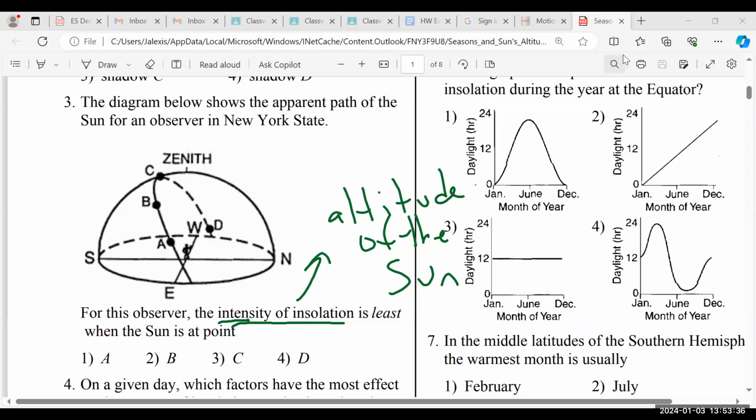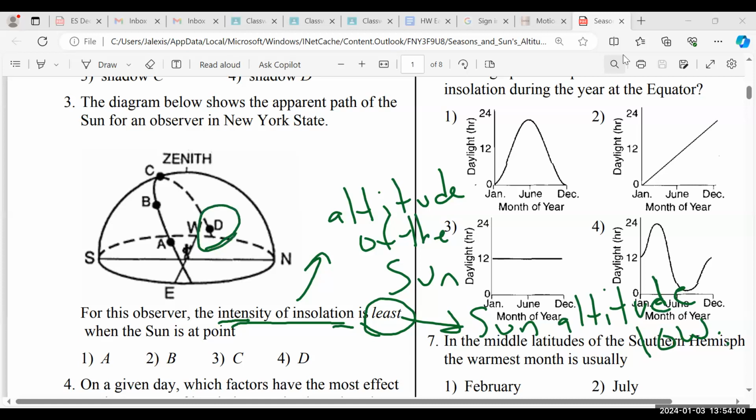So if we're looking for when the intensity of insolation is the least, that means it has to be at a location when the sun's altitude is the lowest. The sun's altitude is low. So which letter gives me where the sun's altitude is the lowest? It's going to be point D.